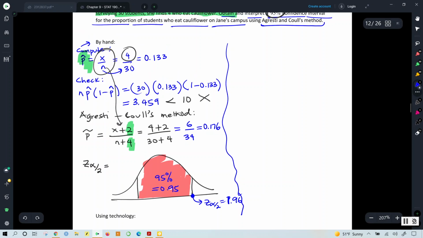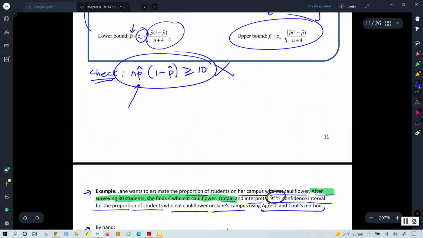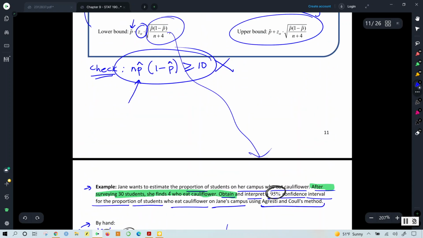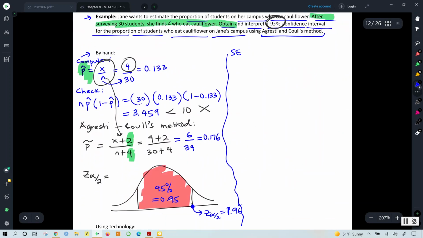Then the next part I need, according to the formula, is the standard error. So I am going to find that standard error. This is the standard error of p tilde, and that is the square root of p tilde times 1 minus p tilde, all over n plus 4.